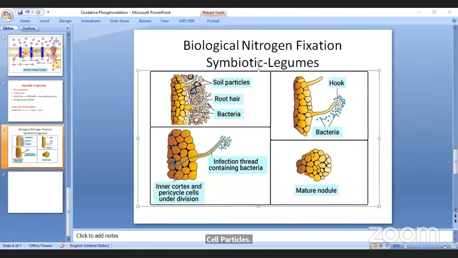This is the epidermis, the epidermal layer. Root hairs. Here Rhizobium bacteria. Rhizobium bacteria habitat in soil.